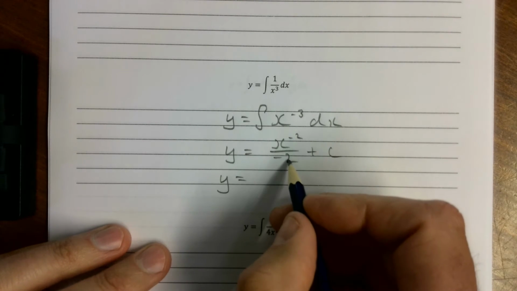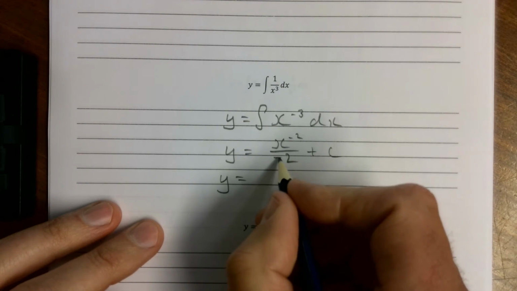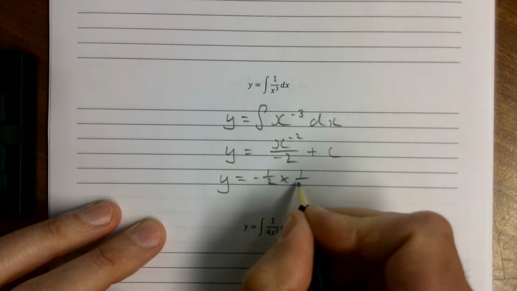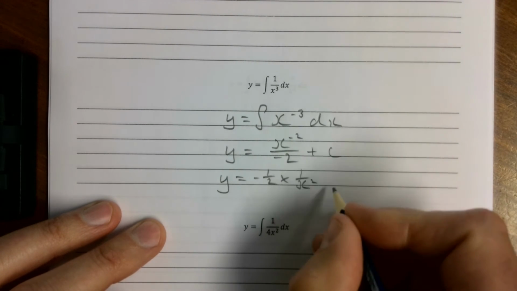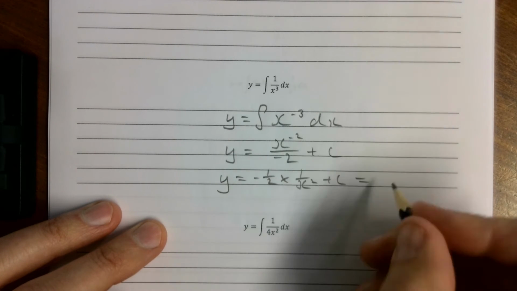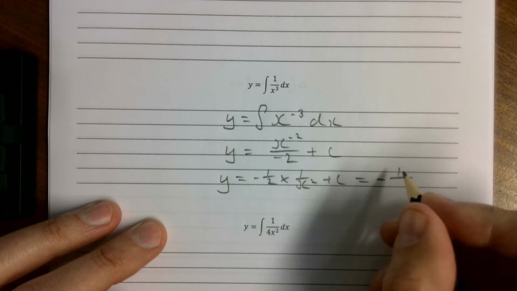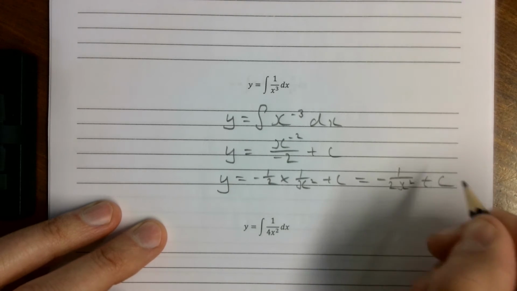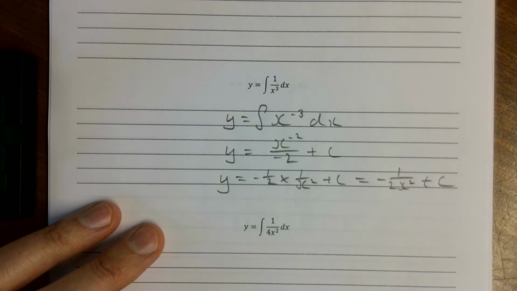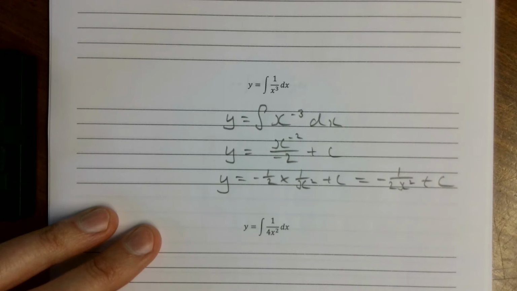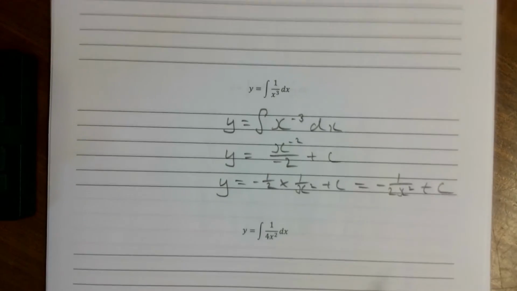If you divide something by 2, it's the same as half of it. So it's divided by minus 2, it's like minus a half times 1 over x squared plus c. And that would equal top times top, bottom times bottom, minus 1 over 2x squared plus c. If you're really comfortable, I'm happy for you to leap from here to here, but as long as you know then what's going on.